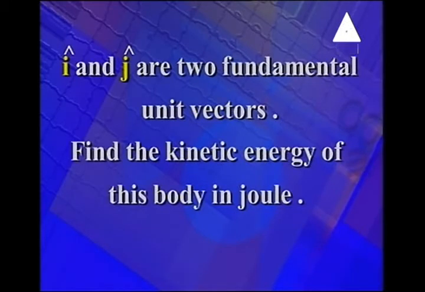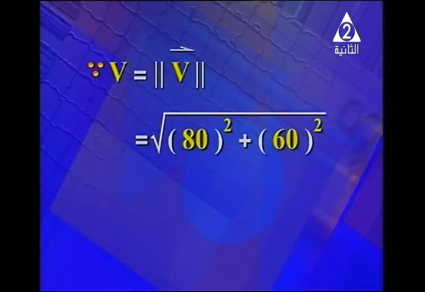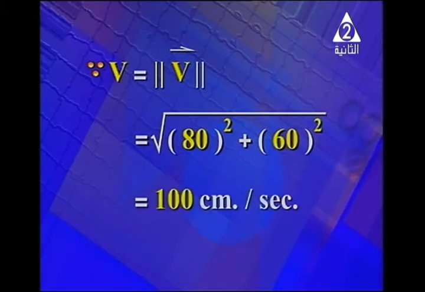The required is the kinetic energy of this body in joule. Solution. Dear student, we know that V equals the norm of the V vector, which equals the square root of the coefficient of I power 2, 80 power 2, plus 60 power 2, under the square root. It equals what? 100 centimeter per second. This is the velocity.